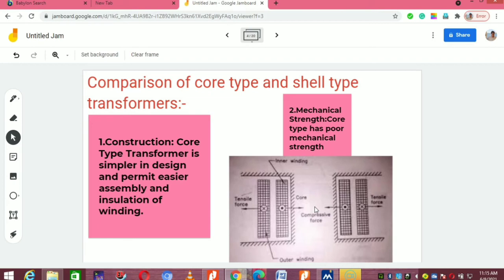One winding experiences force away from the core, and one towards the core. One is tensile force and one is compressive force.